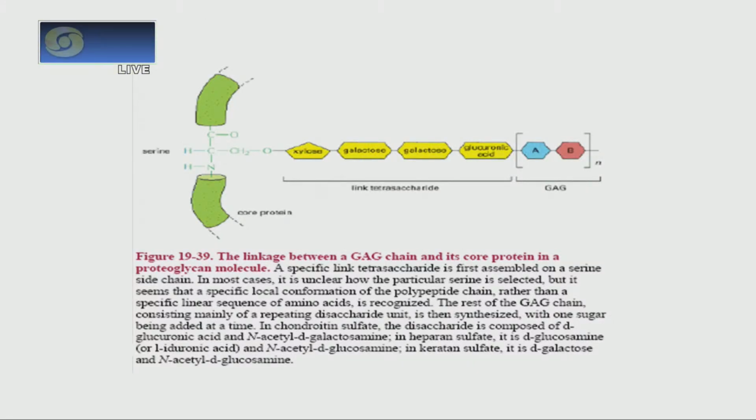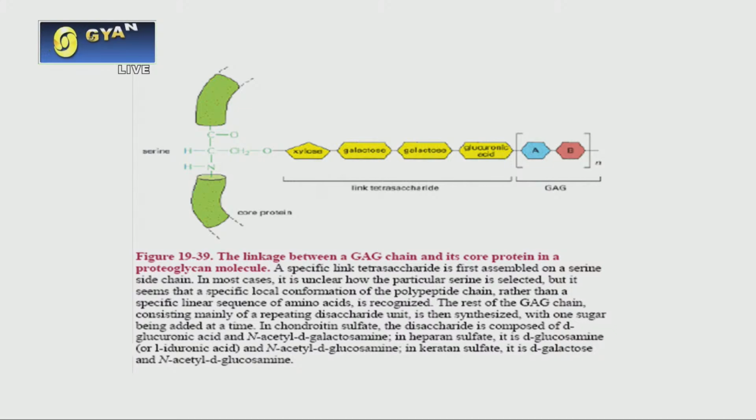Now see, if you take a look at this diagram, you can see how the GAGs, the glycosaminoglycans, are connected with the core protein. There is a link tetrasaccharide, which consists of xylose, galactose, another galactose, and glucuronic acid.